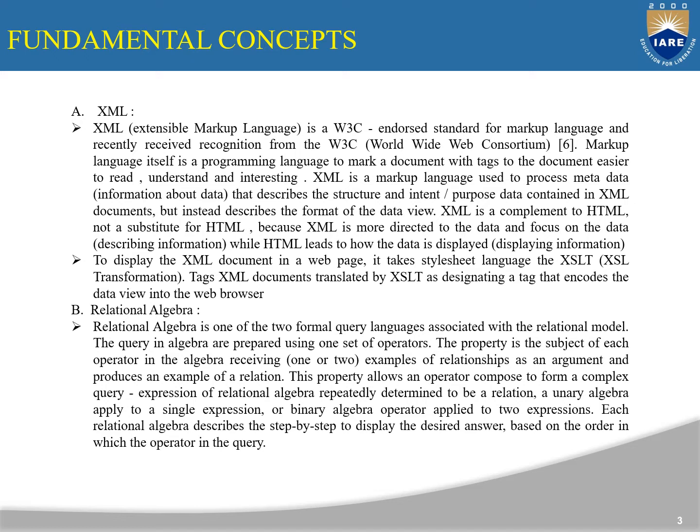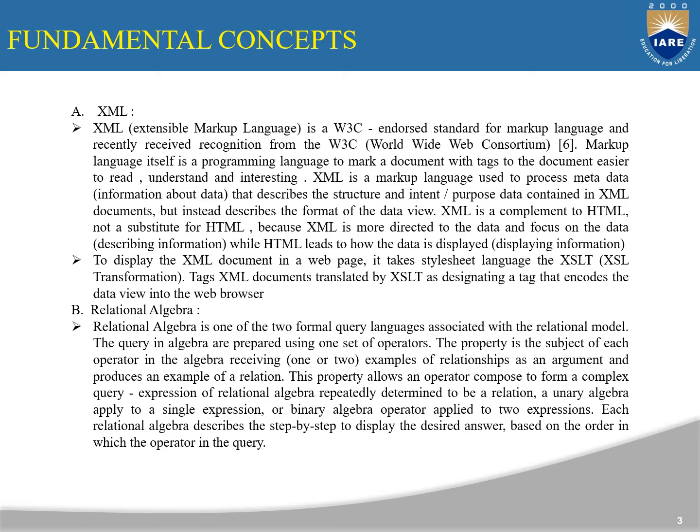Relational algebra. Relational algebra is one of the two formal query languages associated with the relational model. The queries in algebra are composed using a set of operators. The property is that each operator in the algebra receives instances of relations as arguments and produces an instance of a relation. This property allows operators to be composed to form complex query expressions. A relational algebra expression is recursively defined to be a relation, a unary algebra operator applied to a single expression, or a binary algebra operator applied to two expressions.